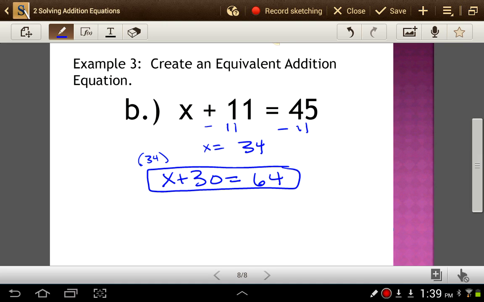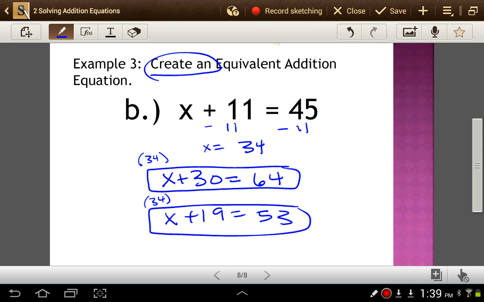Or x plus 19 equals, plugging in the 34, 53. So x plus 19 equals 53. That's how you create an equivalent addition equation. The difference is that creating means I want another equation with the same answer, and writing the equivalent means find the answer. That's the difference between examples 2 and 3.